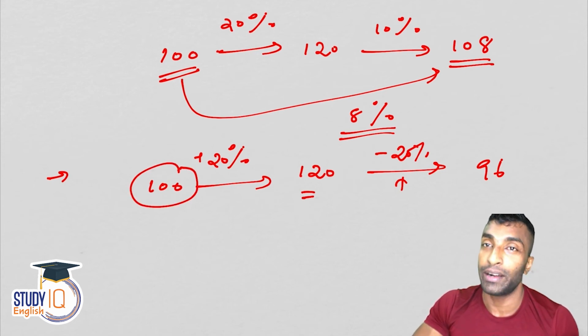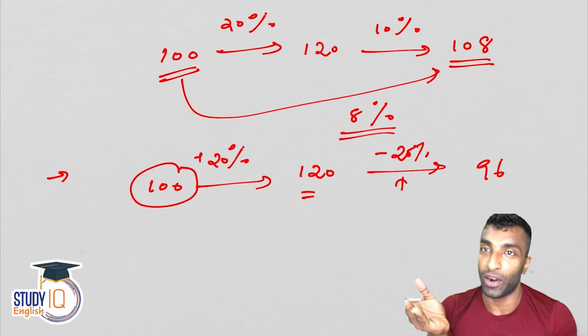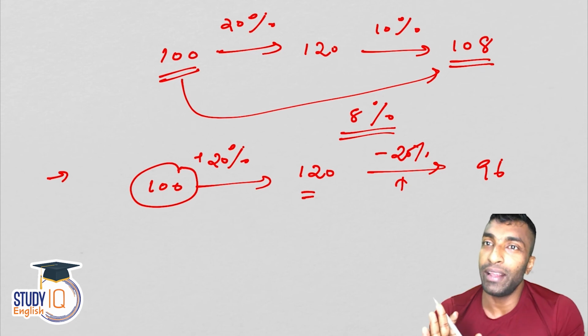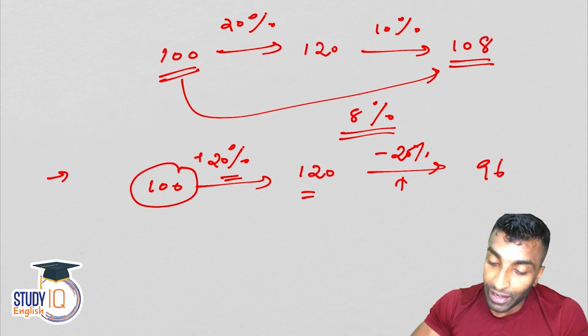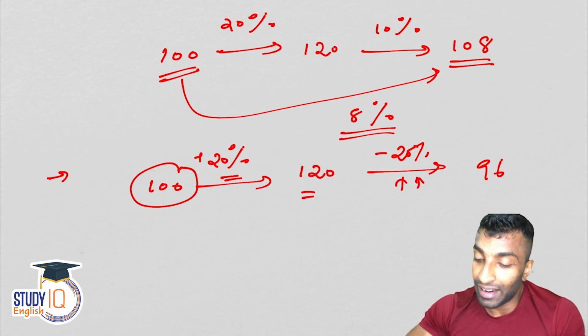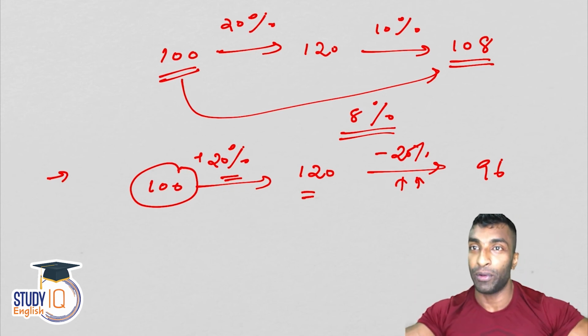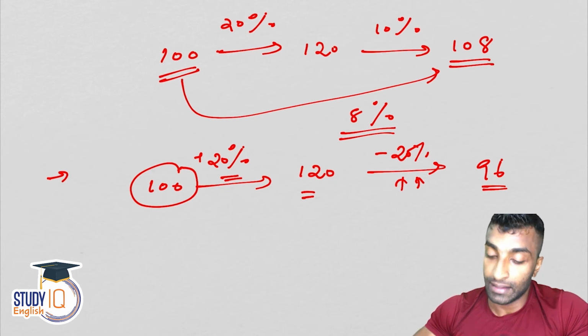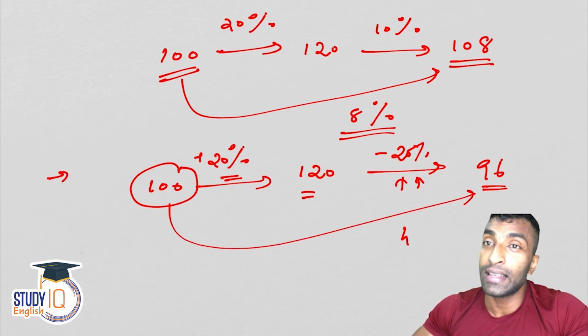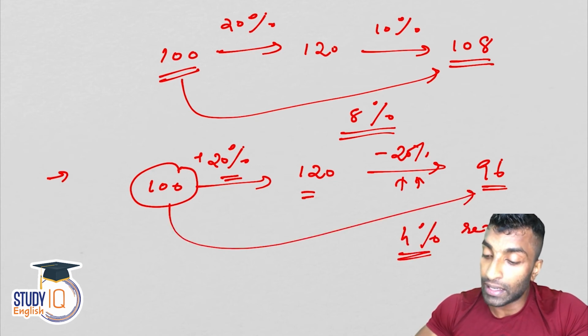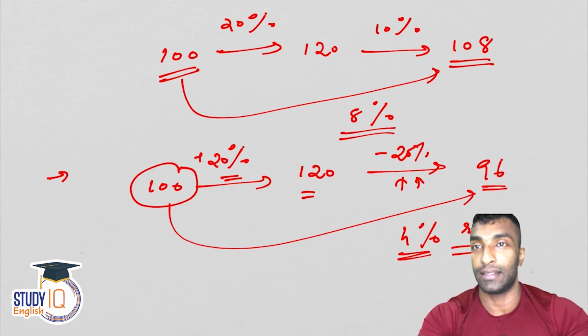So earlier it was 100. Increase by 20, it became 120. Decrease by the same 20, but here 20 is upon 100, and here 20 is upon 120. That's why it is higher. So the salary now is 96. It was 100, now 96. So effectively there is a 4% reduction in salary in this case.